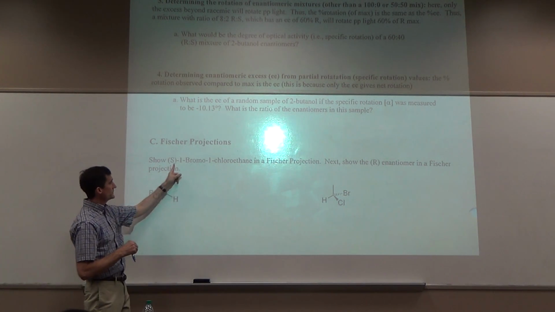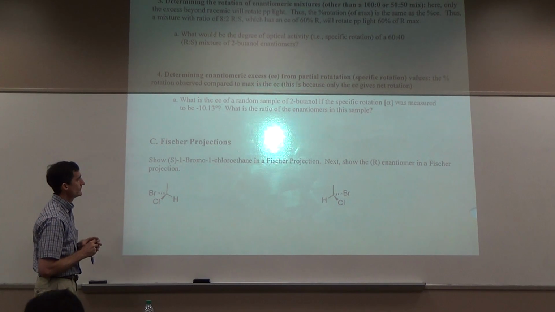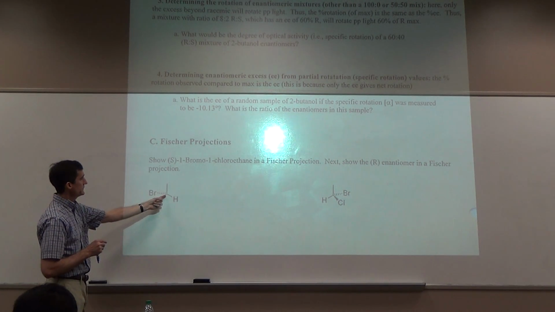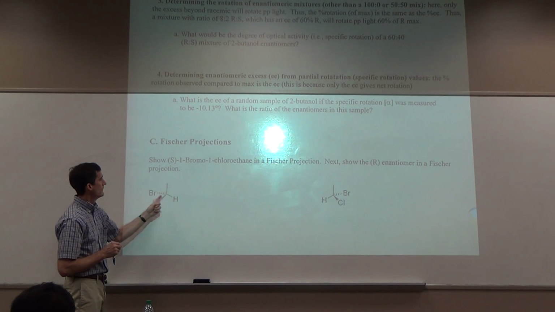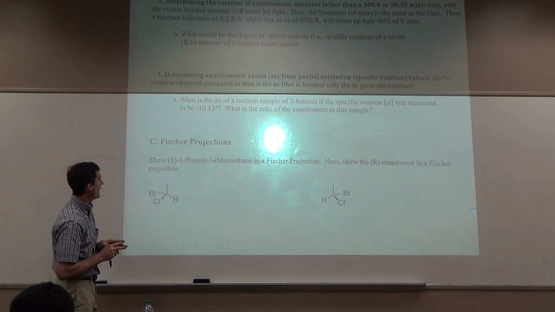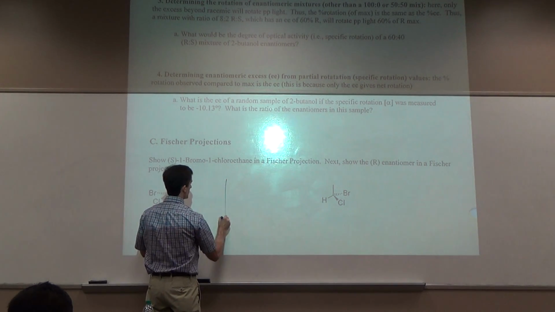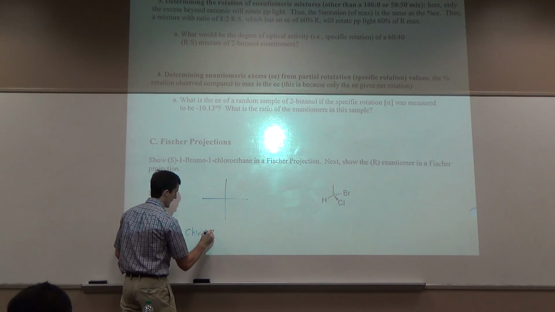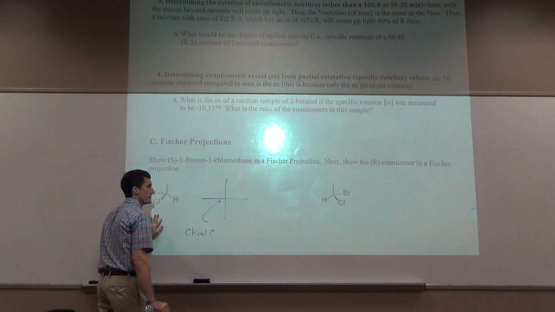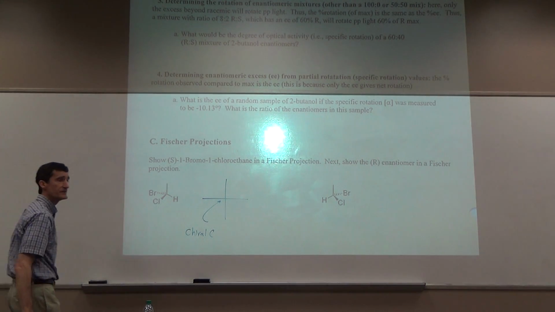Let's show Fischer projections of this compound. This should be this compound here, S. Okay. In a Fischer projection, we show the chiral carbon as a crosshair, but we don't show any dashed or bold. It's implied.